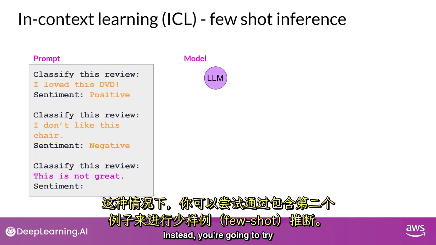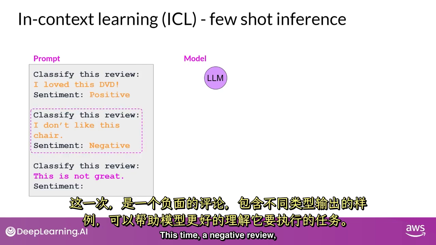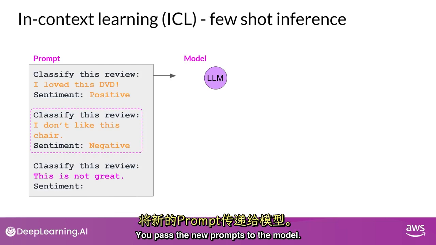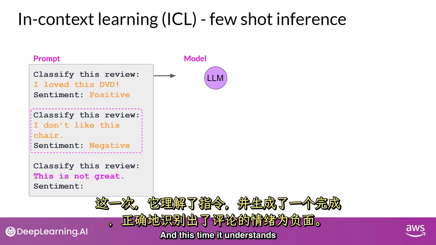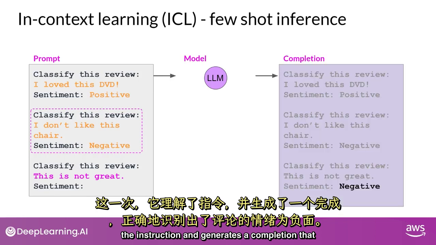Instead, you're going to try few-shot inference by including a second example, this time a negative review. Including a mix of examples with different output classes can help the model to understand what it needs to do. You pass the new prompt to the model, and this time it understands the instruction and generates a completion that correctly identifies the sentiment of the review as negative.